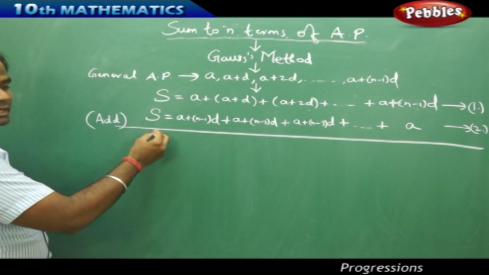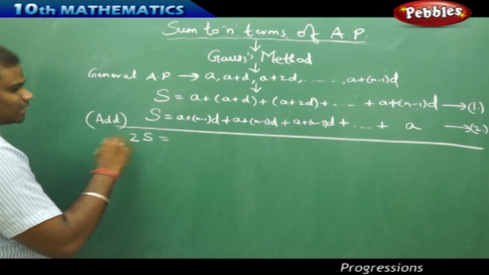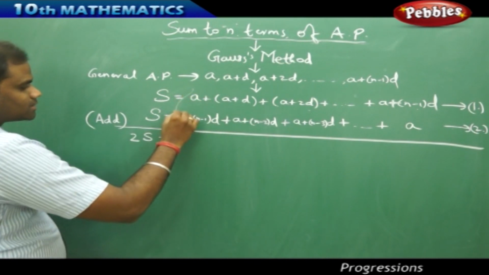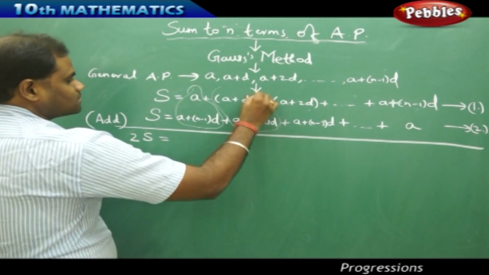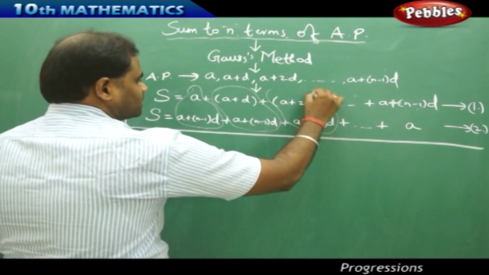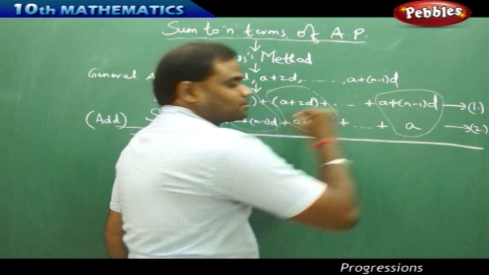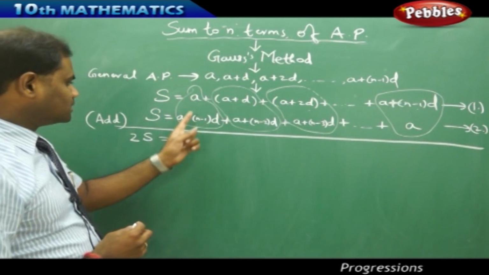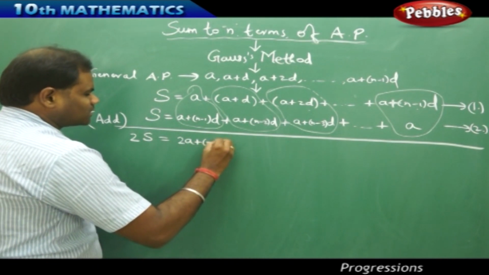On the left side, when I add, I get s plus s, which is 2s. On the right side, I add this pair, and then this pair, and then this pair, each of the pairs being added separately. Therefore, when I add the first pair, I get 2a plus n minus 1 times d.